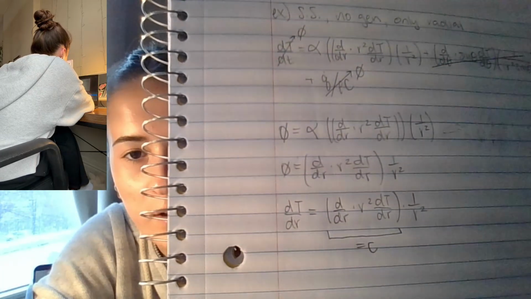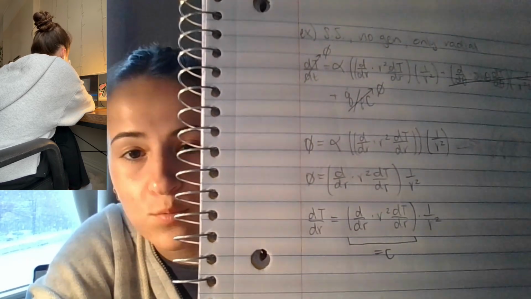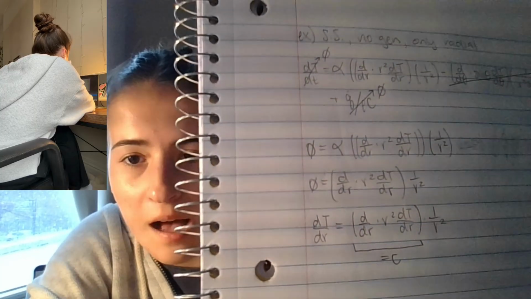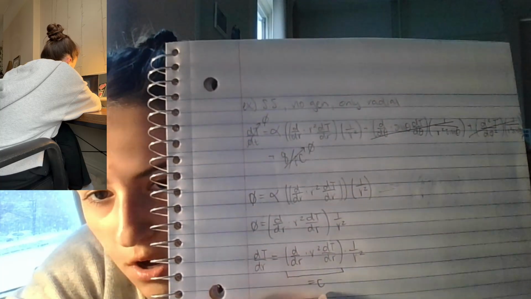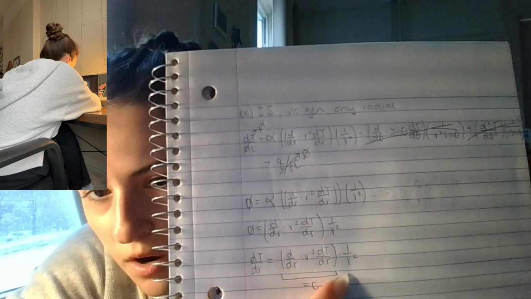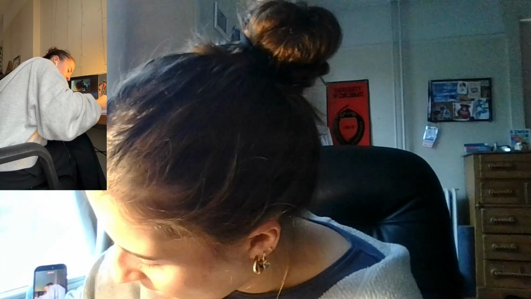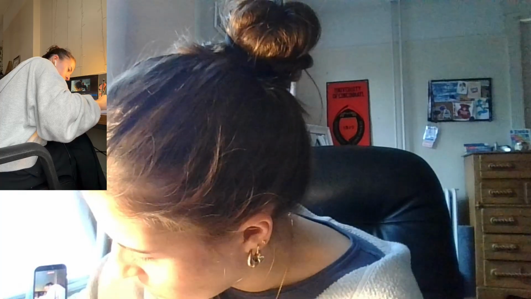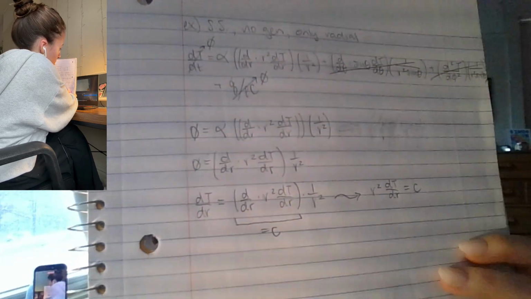So like I said, we're setting this whole equation equal to dT over dr because we're trying to find how the temperature is changing in relation to the radius. And all of these are going to be values that we know, so it's going to turn into a constant. And then this r is the r that we're evaluating for in order to find our dT. So let me rewrite this as r squared dT dr equals our constant c. So I've substituted c in for that whole big term, moved the r squared over, sorry.